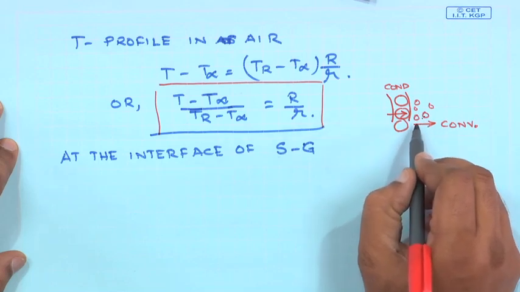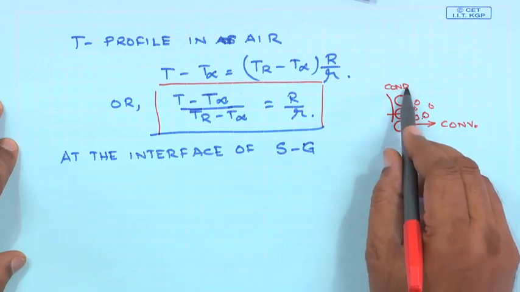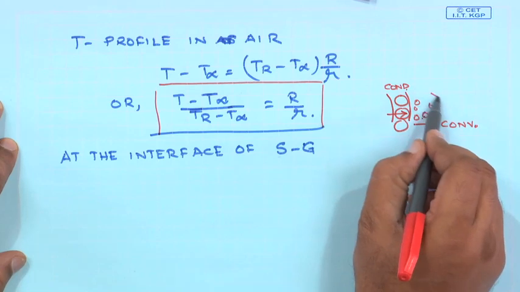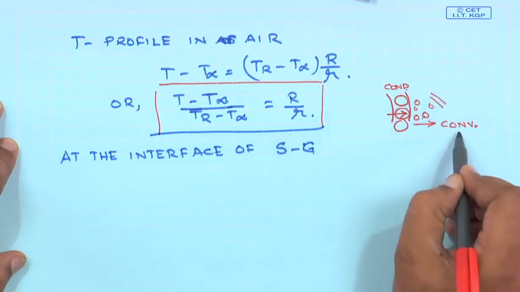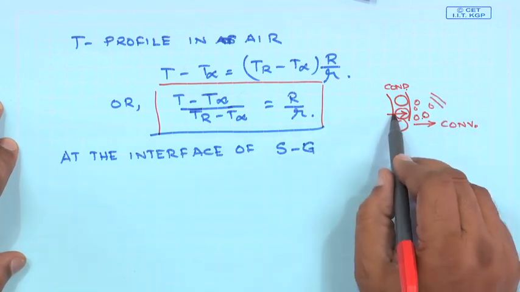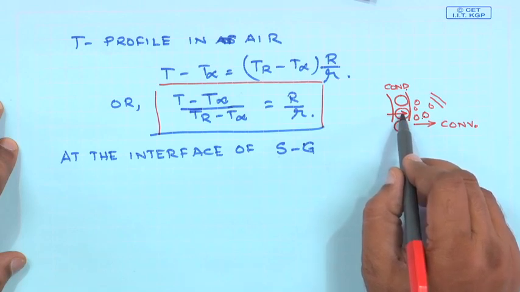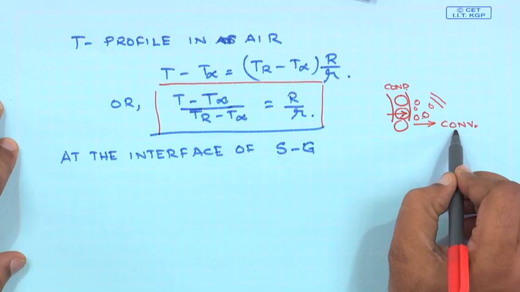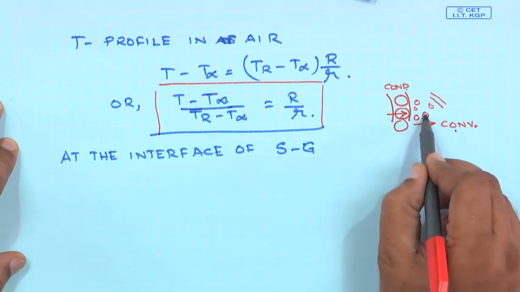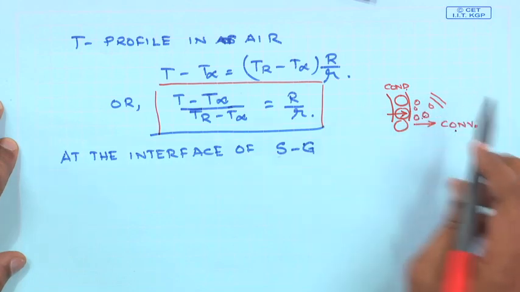So, in order to maintain steady state, this conductive heat must be equal to the convective heat. Whatever be the amount of heat that goes through the molecules by a conduction process must be equal to the convective process by which this heat is being picked up by the mobile gas molecules.